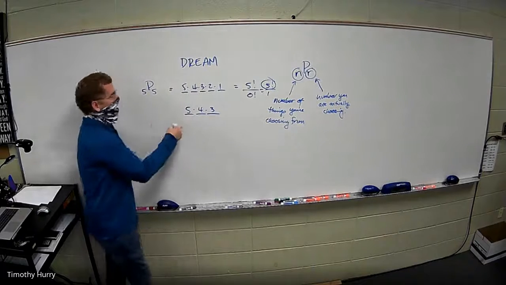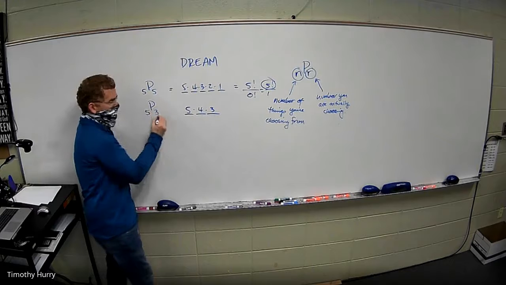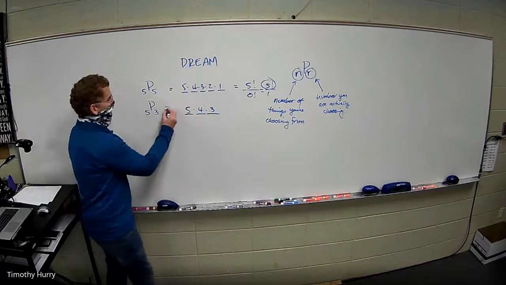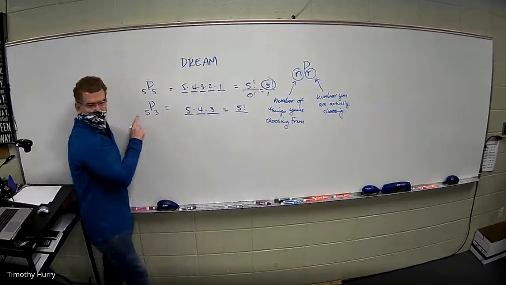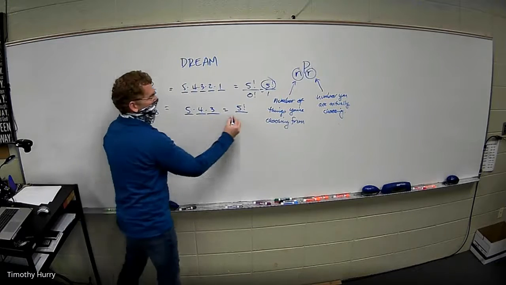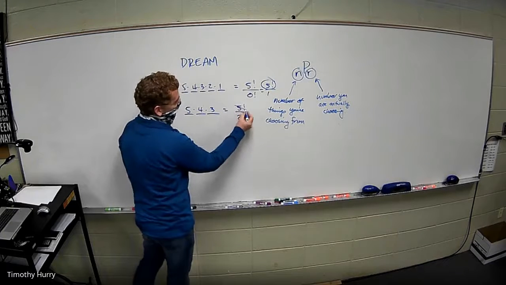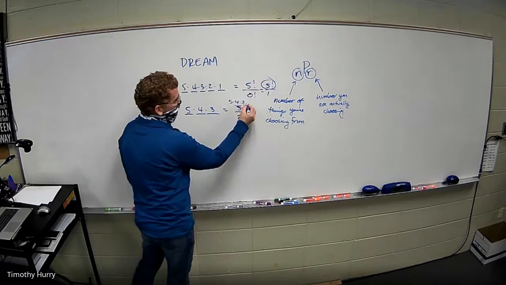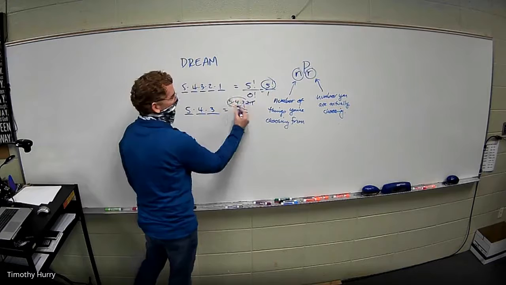But in this case, there are 5 to choose from, but I'm actually choosing 3 of them. So I'm really saying 5 factorial over 5 minus 3 factorial. When you break up that 5 factorial, that 2 factorial cancels the 2 times 1.